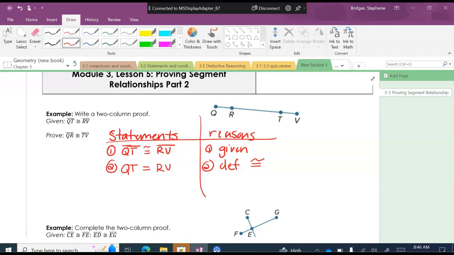I'm focused on segment QT. Just from my picture, what else could I say using one of those postulates that we talked about yesterday? If I'm talking about segment QT, I know that it is equal to RV based on what they told me. But looking at my picture, what else could I say QT was equal to?